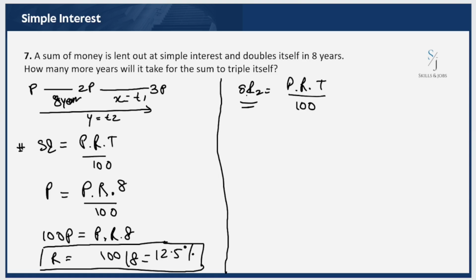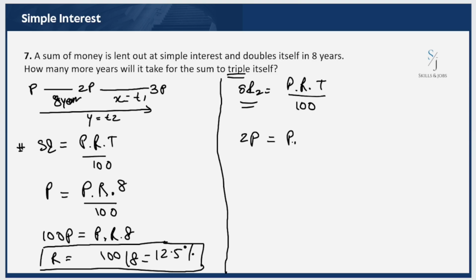Now what is the simple interest? It is said that the sum has become triple. So the simple interest will be 2 times the principal. Then only the final amount will become 3 times.